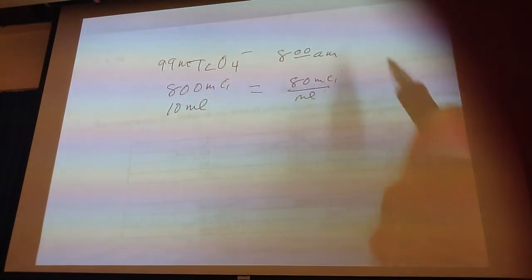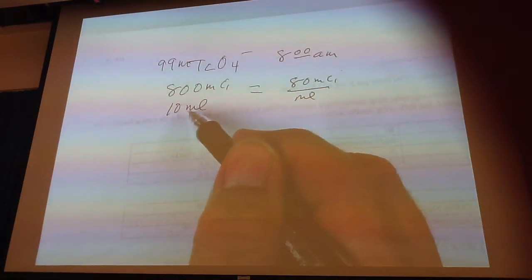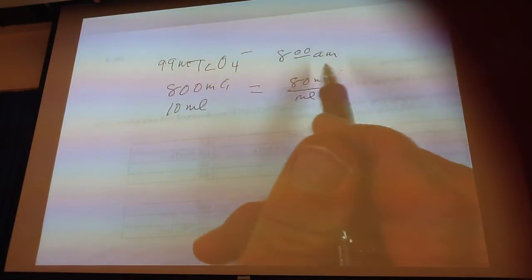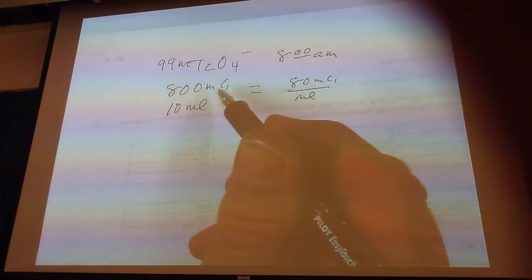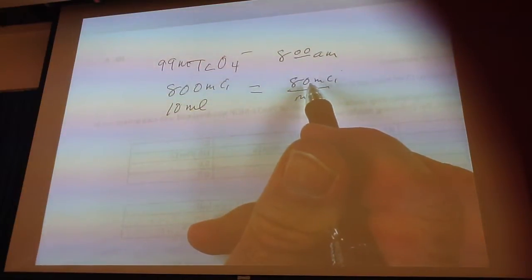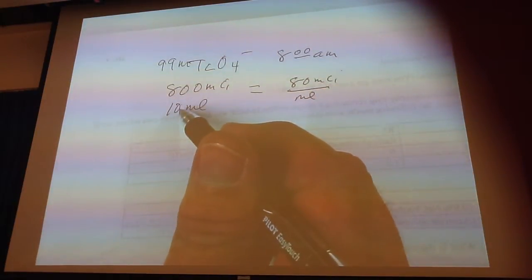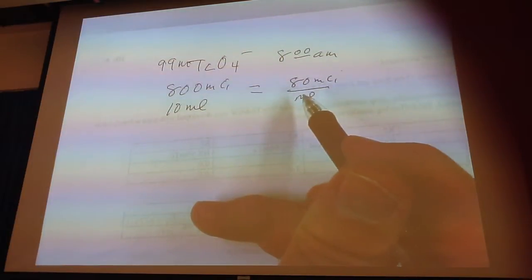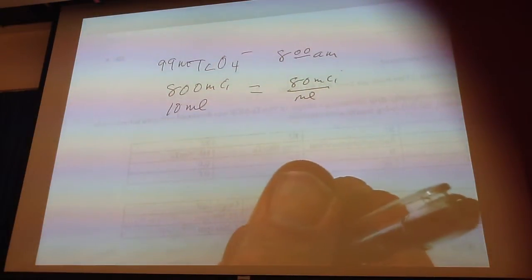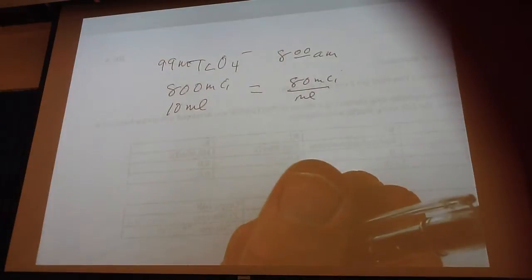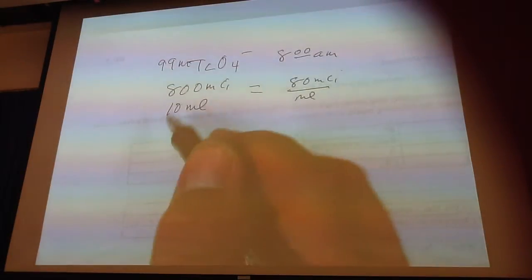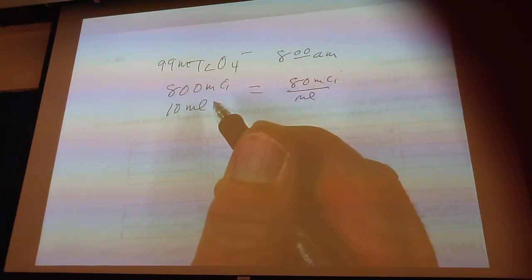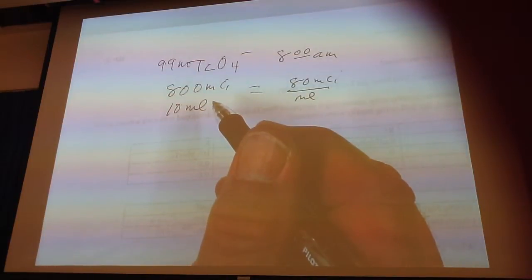If I used 5 ml or I used 20 ml, I'm going to get the same 800 millicuries. But if I used 5 ml, this would be 160 millicuries per ml. If I use 20 ml, this would be 40 millicuries per ml. So depending upon how much volume and what concentration you need for your kits, that determines how much saline you use to elute the generator.